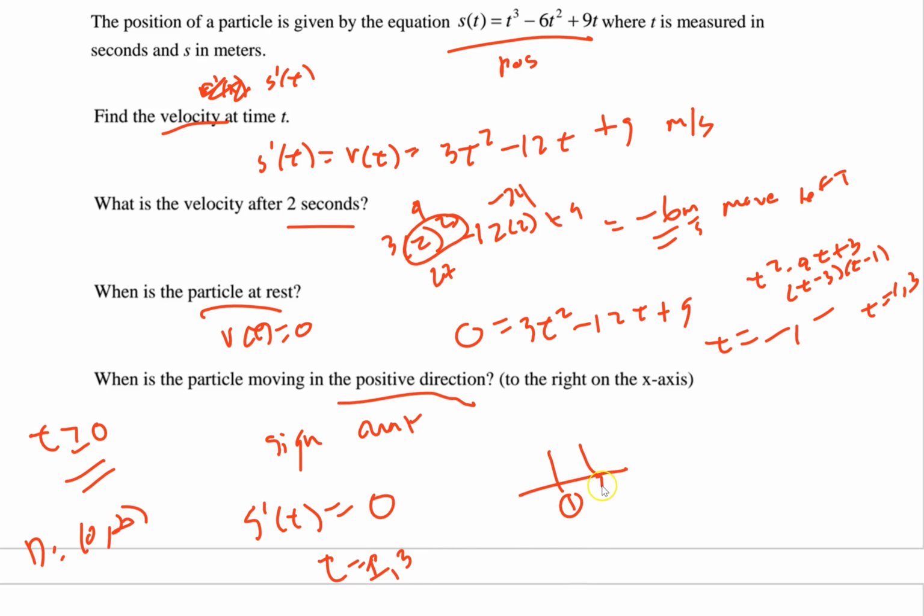Pick your test points and plug them into the derivative. And I'll tell you right now, you're going to get plus, minus, plus. What does it tell me? Which move in the positive direction? The positive ones: 0 to 1, union 3 to infinity. And that's how velocity is done.